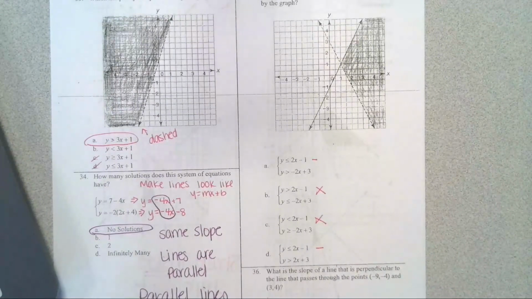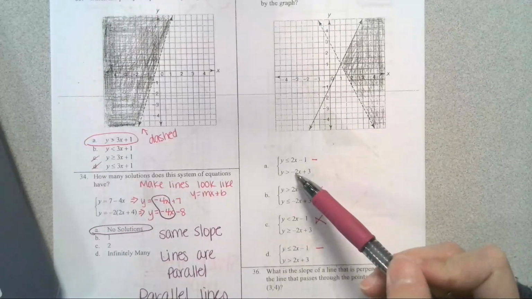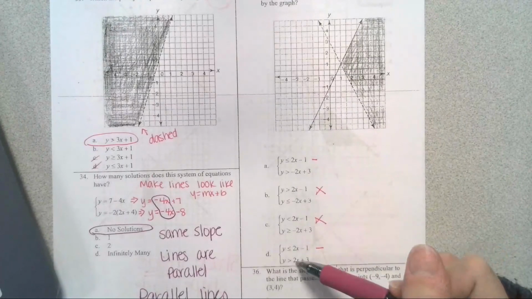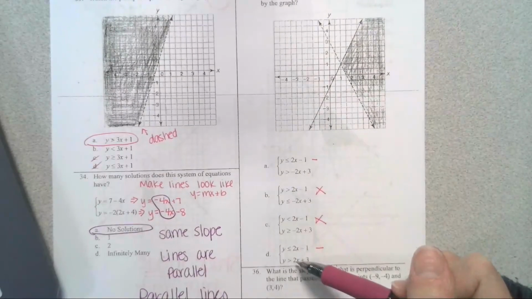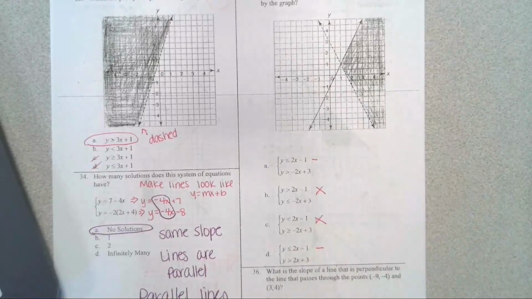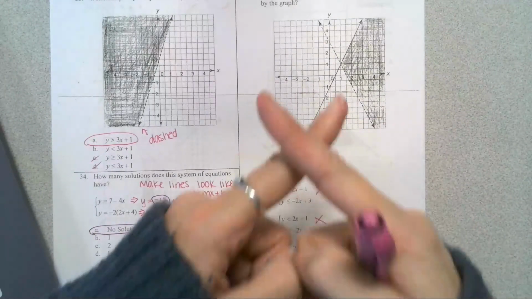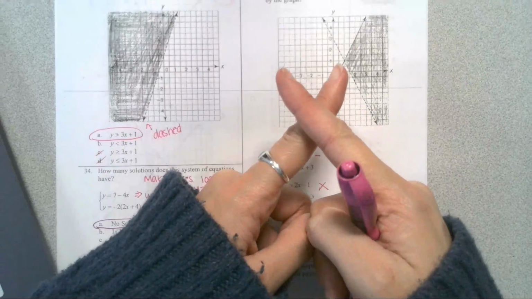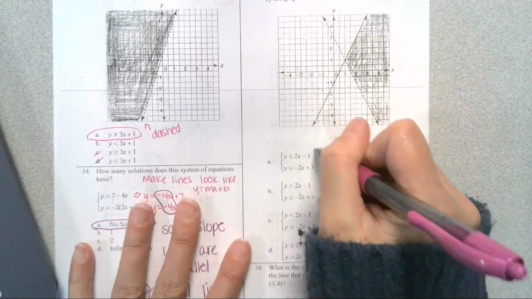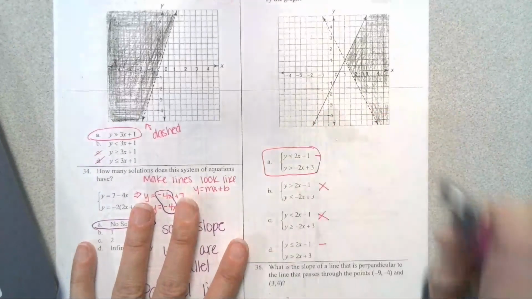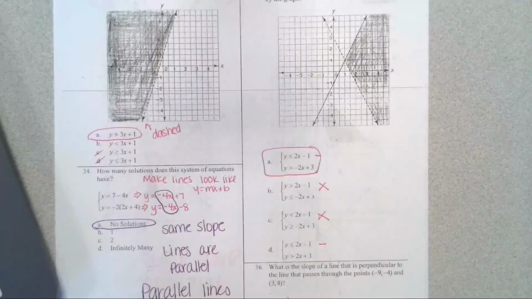You see how in A it's -2x and in D it's 2x. One of them's increasing and the other one's decreasing. So my second line has to be negative, so it has to be A. And really, how much math did we actually do for that? We knew that the second line had to be a negative slope. That's it.